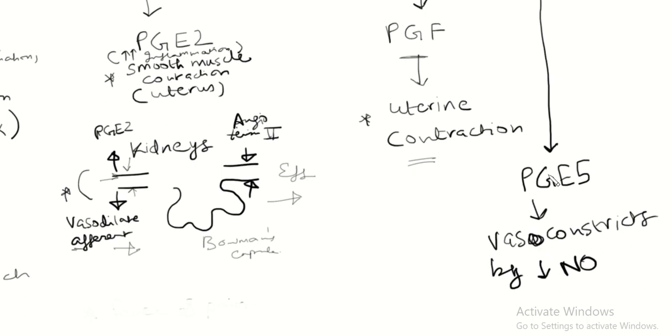And last but not least is PGE5, which vasoconstricts, and it does it by blocking nitric oxide. Nitric oxide is a vasodilator, and PGE5 inhibits production of nitric oxide. Thus, it vasoconstricts.